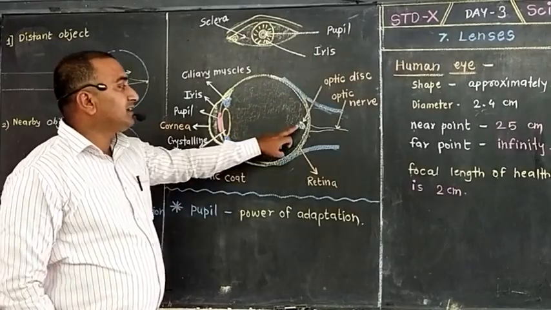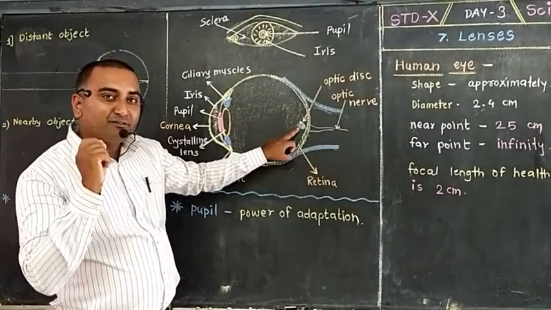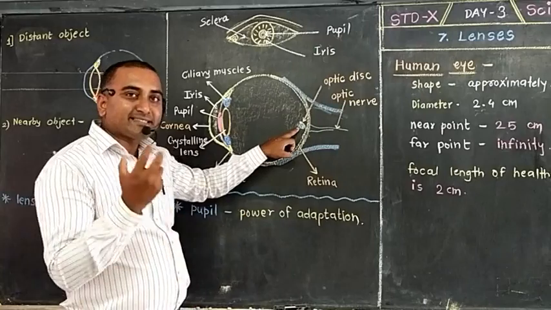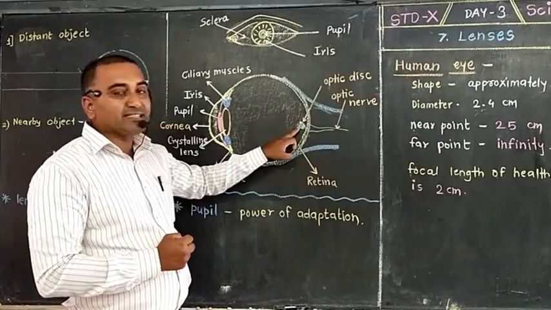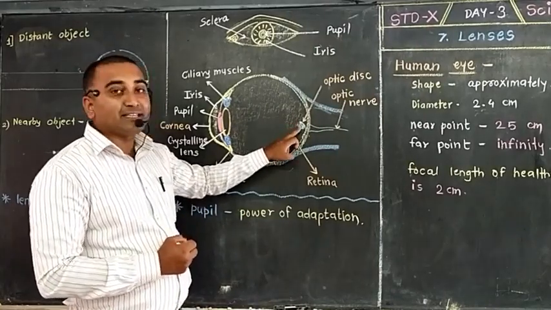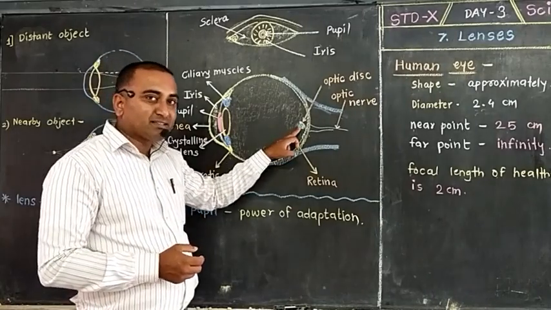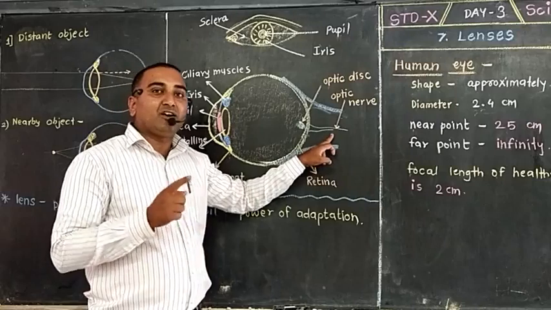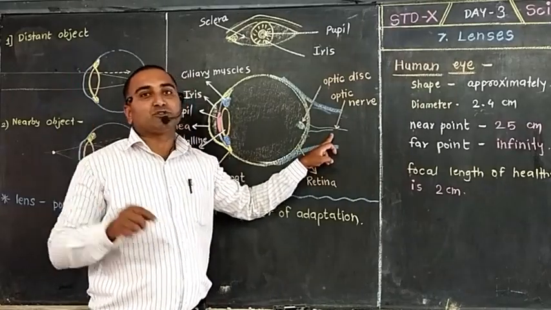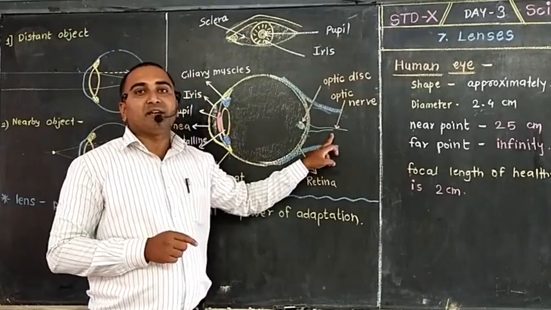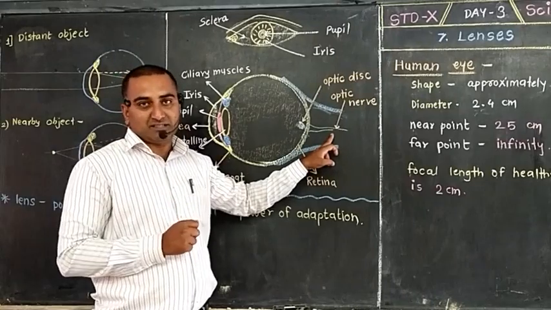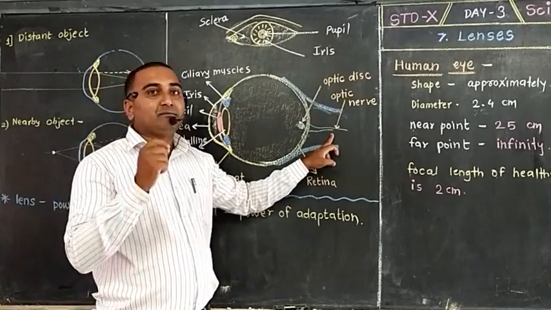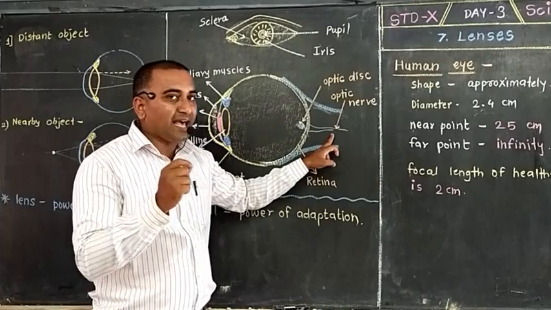The optic disc is the part where, after the rays collide, it gets sensation and creates impulses. Those impulses travel through the optic nerve, and the optic nerve sends the message to the human brain, and the brain analyzes these messages and gets the perception of an object as it is.